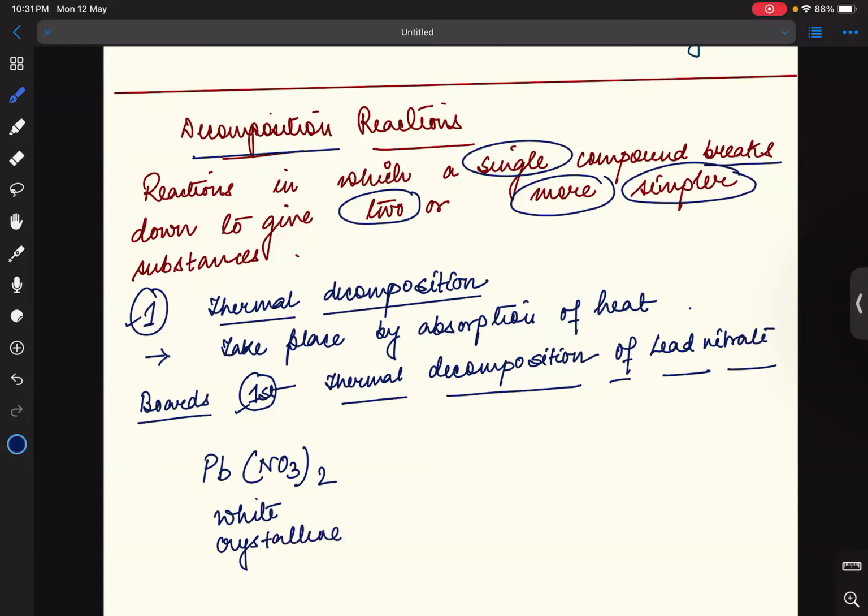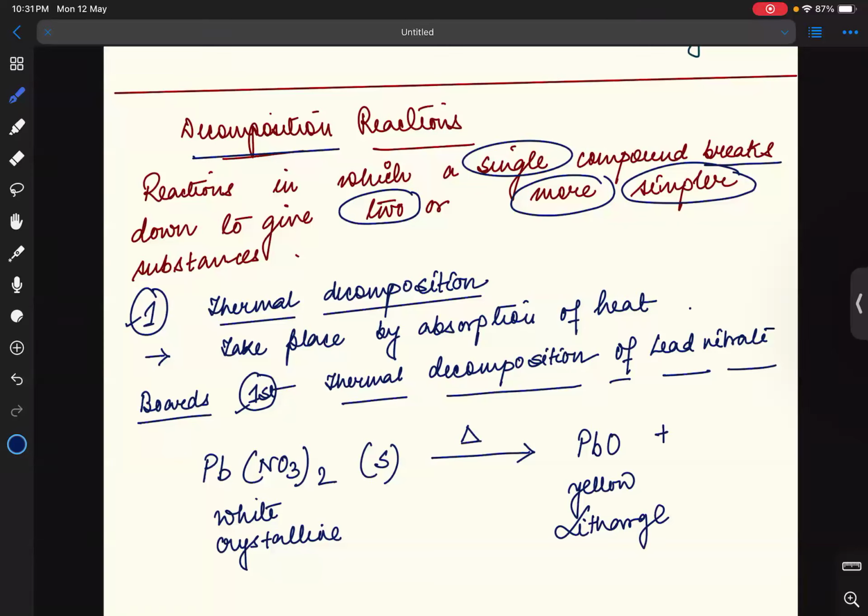We take this in the solid form in a test tube and we start heating it. As we start heating it, we slowly see this white colored salt getting transformed into a yellow colored residue. And this yellow colored residue is called litharge or lead monoxide.